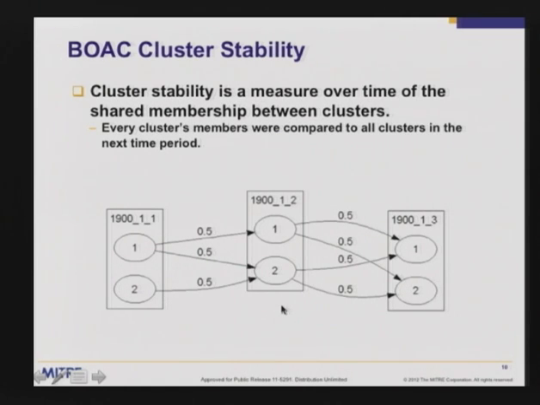Some users will just go away, so membership will drop just because of that, or some people might be far enough away that they don't end up in a cluster. And the other thing is we did threshold this, so if the probabilities were below a certain amount, we cut that out.